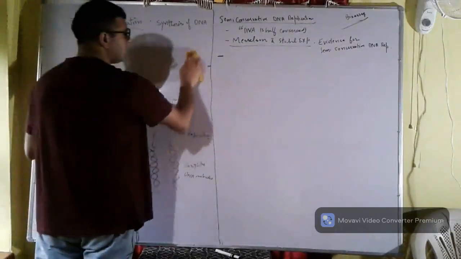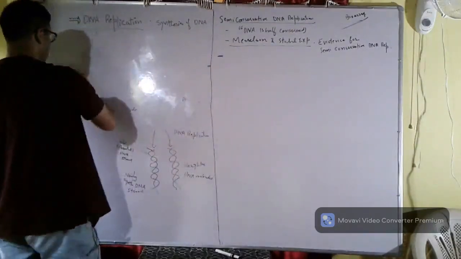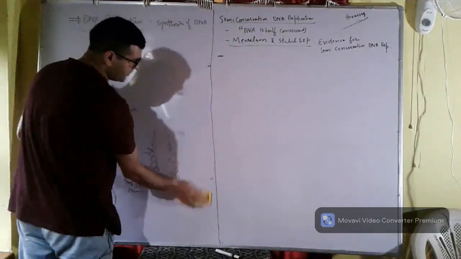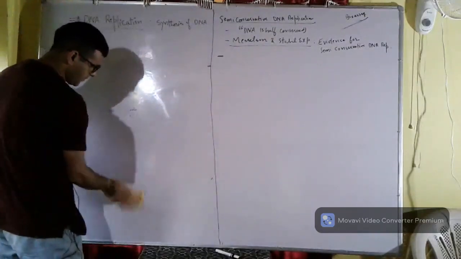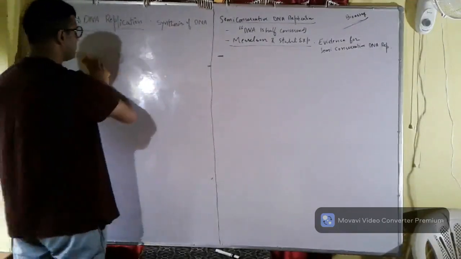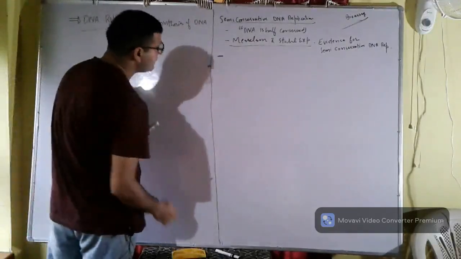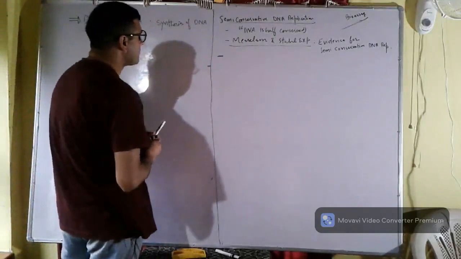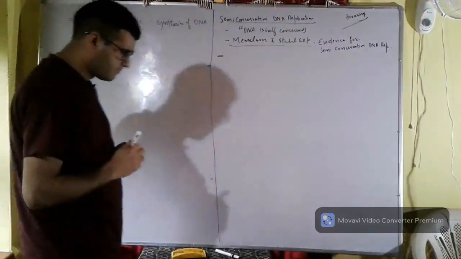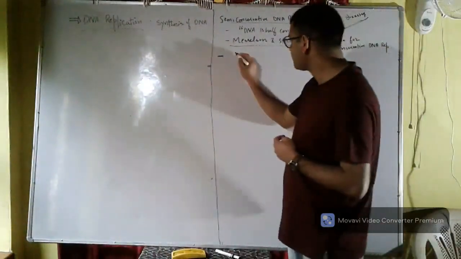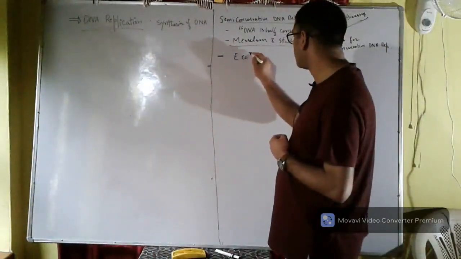We'll discuss what their experiment was and how it proved that DNA replication is semi-conservative. They experimented with Escherichia coli, E. coli.